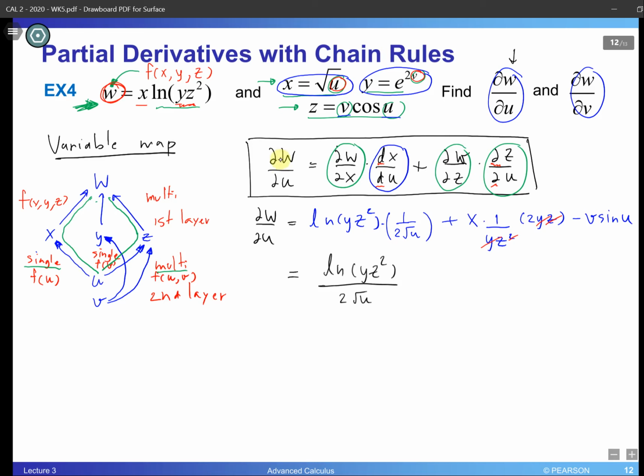Alright, for the second term, we have 2xv sine u divided by z. Oh, by the way, we have this minus sign, so this has to be minus. Alright, so that is the first derivative that we need to find. Let's find the second one.